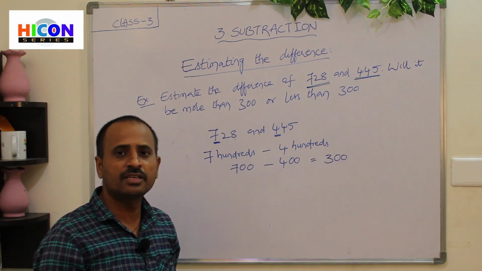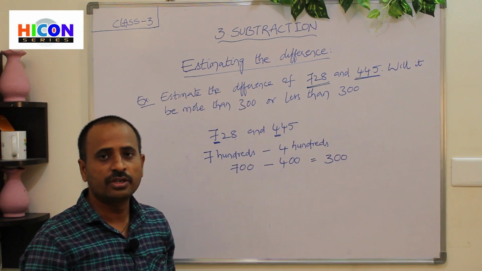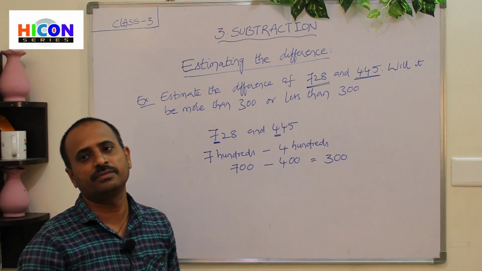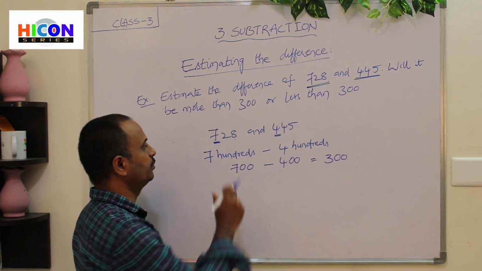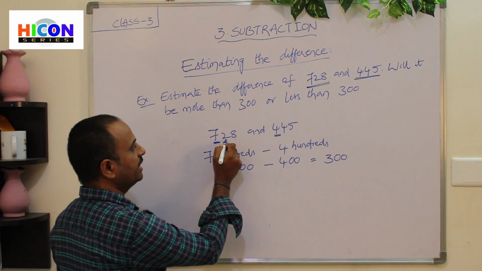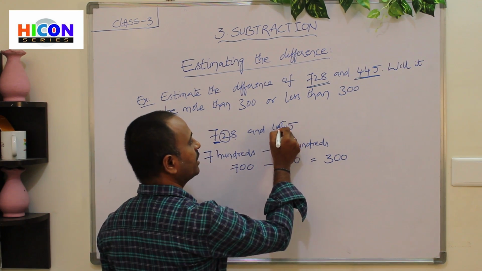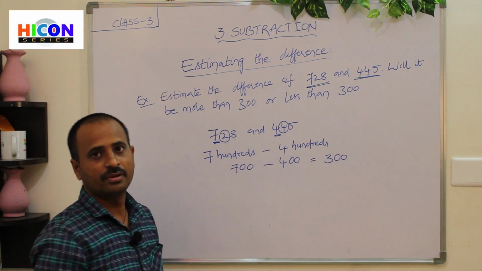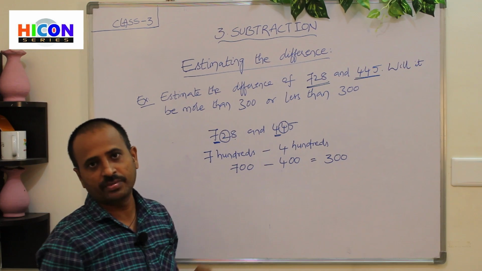The simple trick we have to follow is, let us check the next number in both the numbers. So what is the next number here? 2. And what is the next number here? 4. So this is the first number and this is the second number.